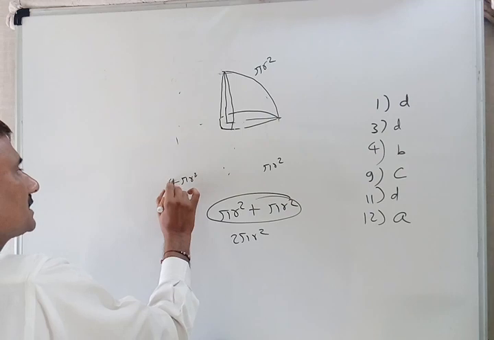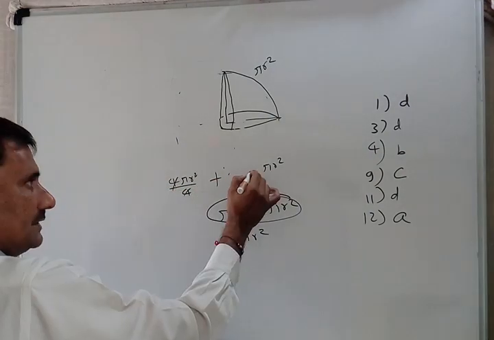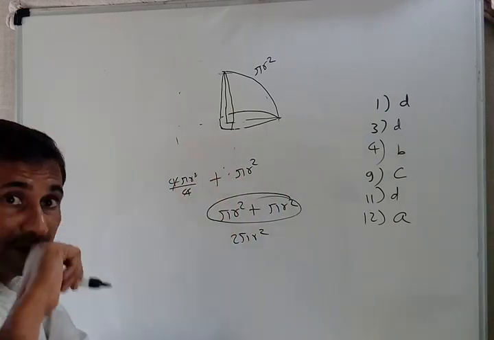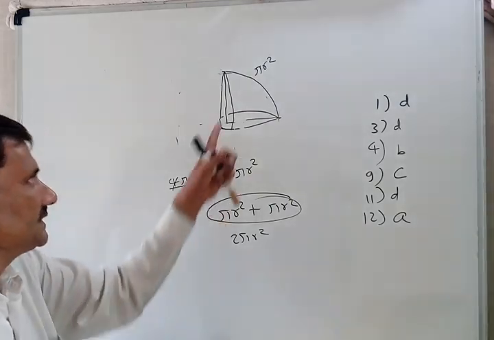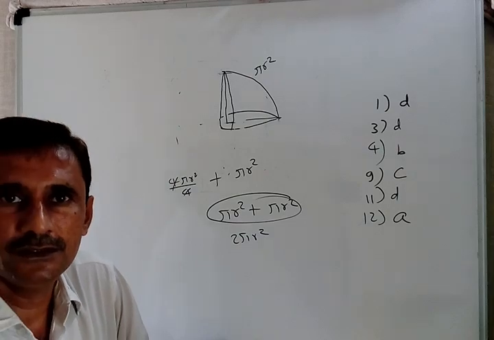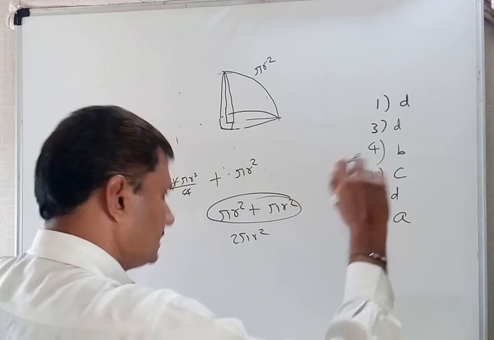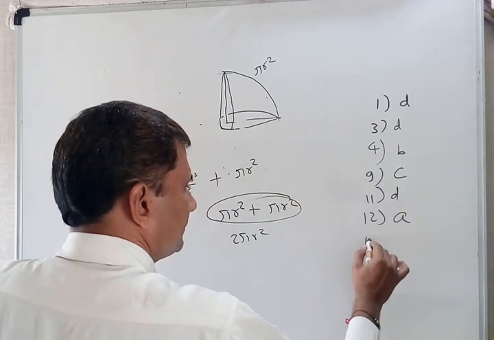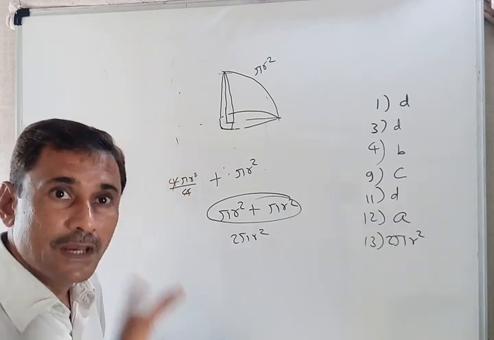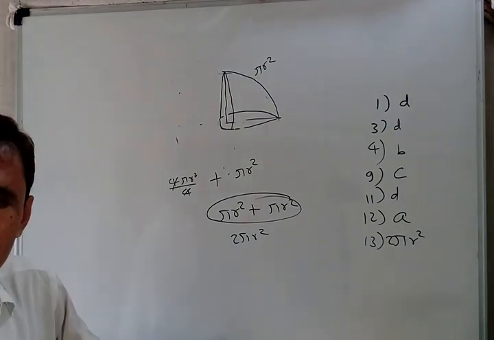So 4 pi r square upon 4 means pi r square, plus 2 semicircles. 2 semicircles equal to 1 circle. So pi r square plus pi r square, 2 pi r square. So the answer is 2 pi r square. Otherwise, directly remember it: in 4 parts, it is 2 pi r square. In 2 parts, it is 3 pi r square. Okay, so just remember.